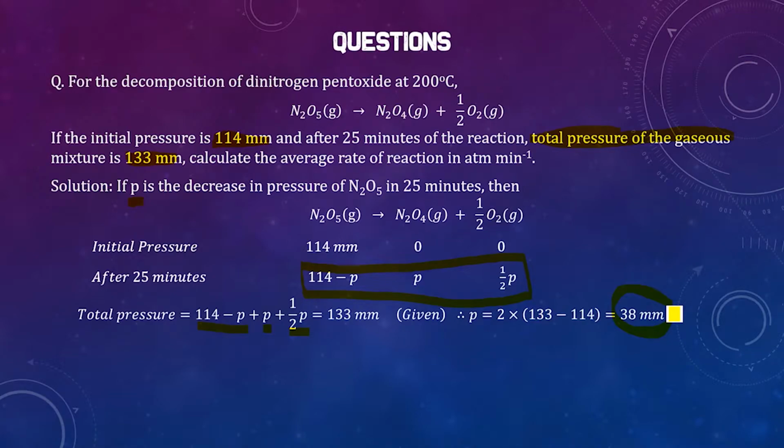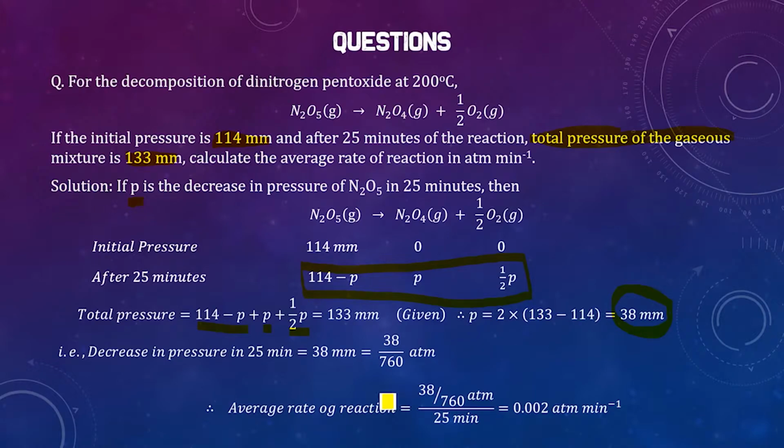So we know the decrease in pressure. If we have to find the rate of reaction, the rate of reaction is always change in concentration upon time, but here, since gaseous species are there, we will find the change in pressure upon total time.